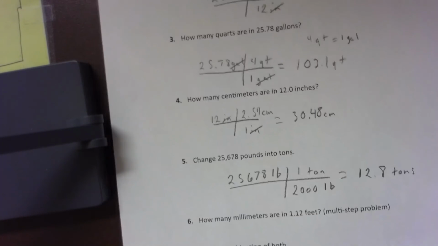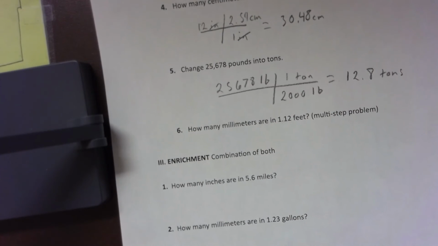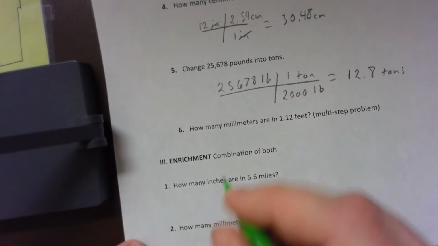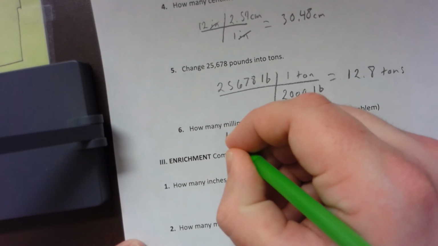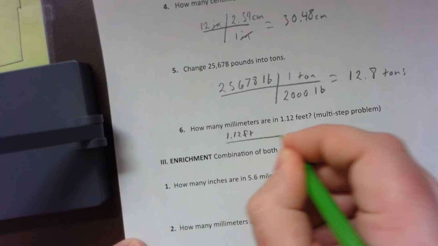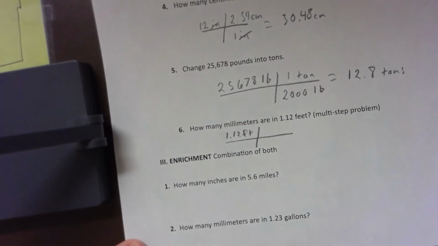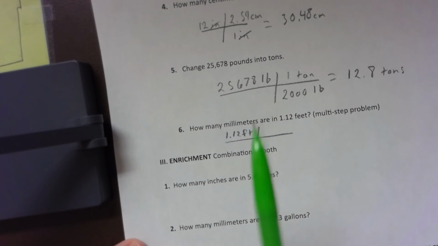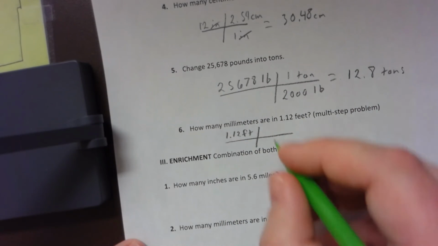Now, I want to do one more problem with you, because it's a multi-step, and I know several of the enrichment parts that you have to do involve this as well. So we're going to start with our 1.12 feet. We know that we need to go from feet to millimeters. We know how many centimeters are in an inch, and we know how many inches are in a foot.